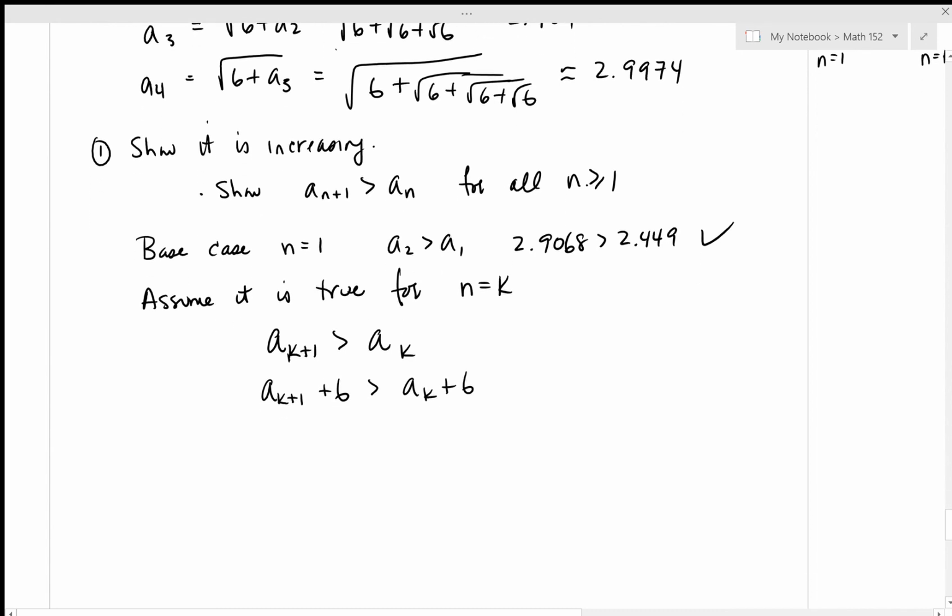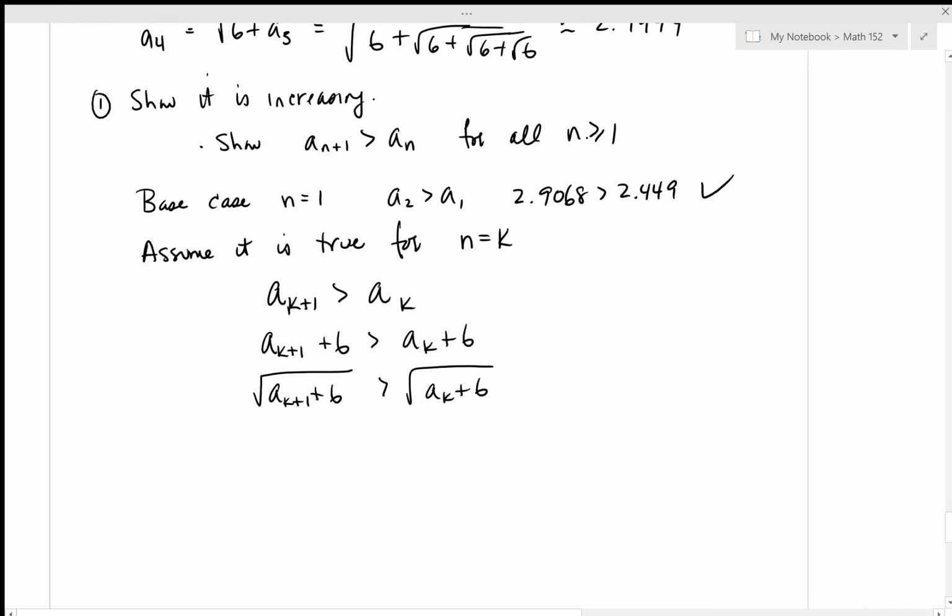Then I'm going to take the square root of both sides. And then I look at this and say, hey, that is a_(k+2), and this here is a_(k+1). I'm done.